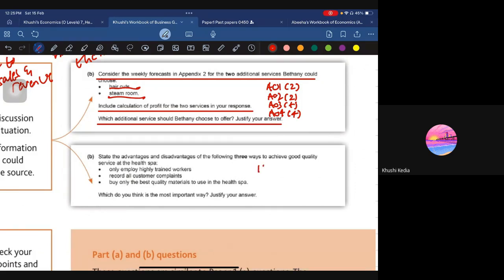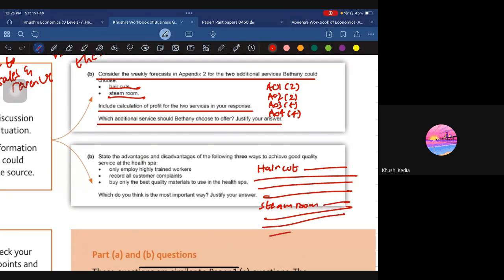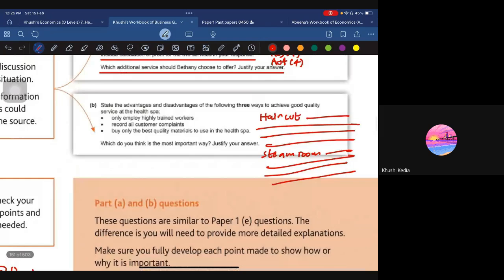So they would probably have haircut, some lines, then steam room, the same amount of lines. And then they have the justification part, and there they are also giving the same amount of lines, isn't it? Agreed? Yes, sir.